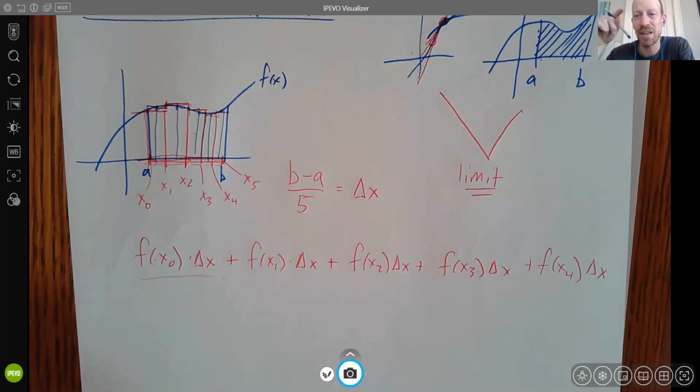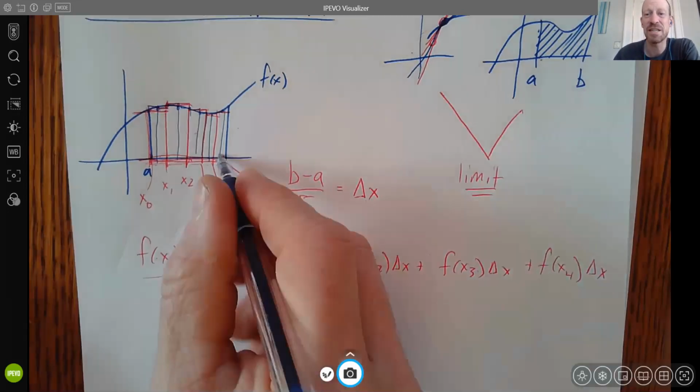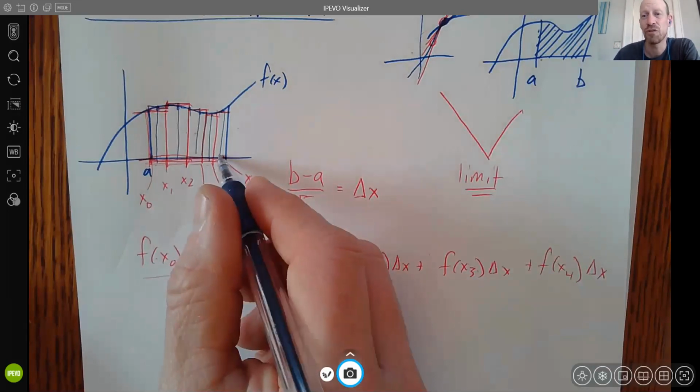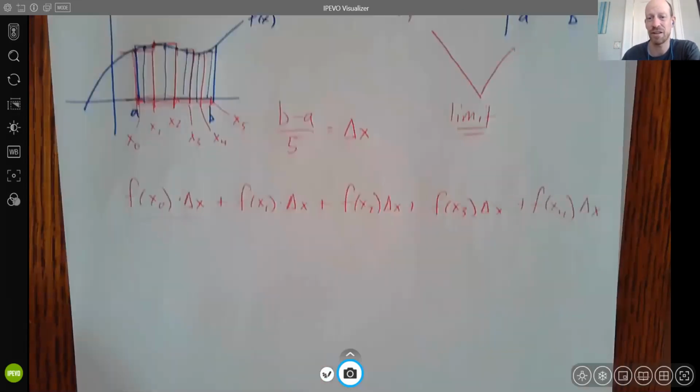And something that we can make as close as we want to the true value means we can find that true value by taking the limit. So that's where we move past a simple calculation where we're just adding up rectangles to a calculus calculation.